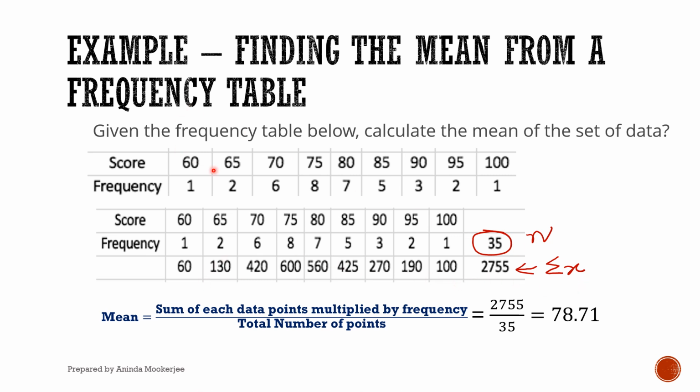You cannot just do 60 plus 65 plus 70 plus 75 plus 80, 85. That would be completely wrong. You have to take into account the number of times each value occurs. So this is very important because I do get answers where students forget to multiply each value by their frequency, and that's why I am stressing on it.